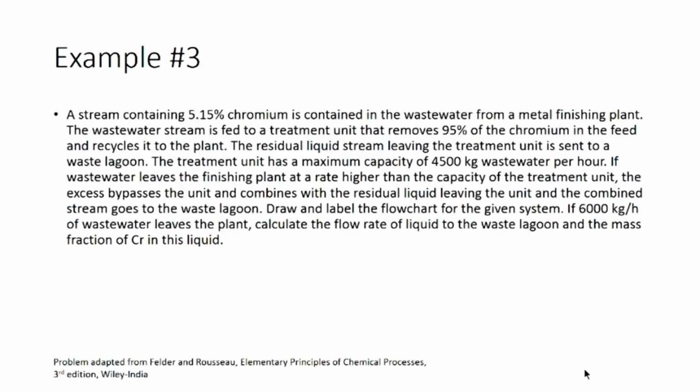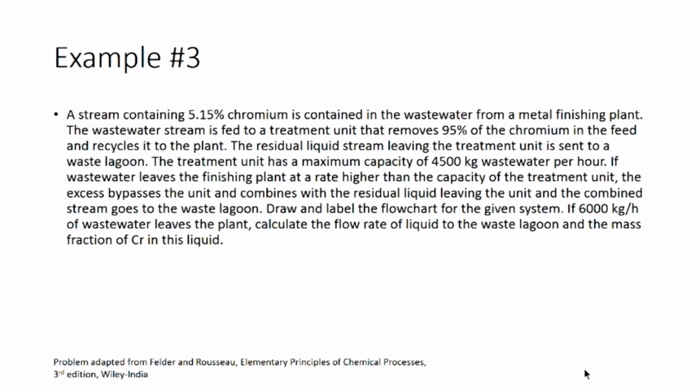Here is the third example problem. A stream containing 5.15% chromium is contained in the wastewater from a metal finishing plant. The wastewater stream is fed to a treatment unit that removes 95% of the chromium in the feed and recycles it to the plant. The residual liquid stream leaving the treatment unit is sent to a waste lagoon. The treatment unit has a maximum capacity of 4,500 kilograms of wastewater per hour.